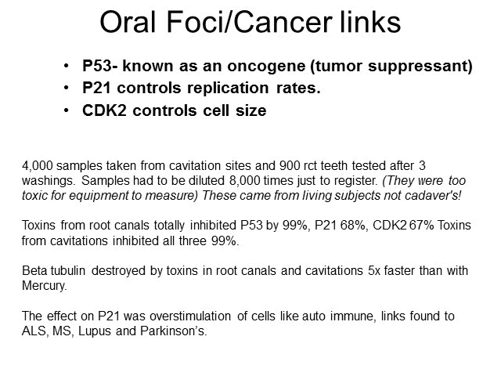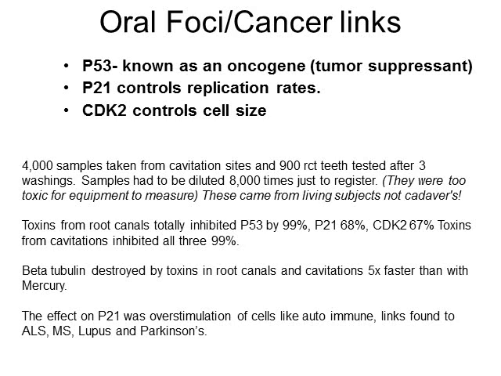What we found from this research was that toxins from root canals inhibited the P53 by 99%, the P21 by 68%, and the CDK2 by 67%. Toxins from the cavitations inhibited all 3 by 99%. The beta-tubulin destroyed by toxins in root canals and cavitations was 5 times faster than that of mercury.